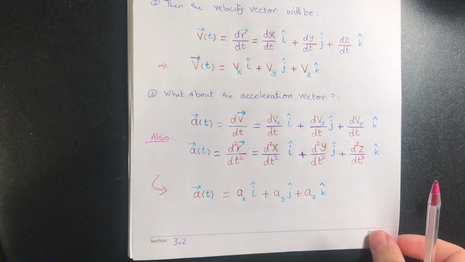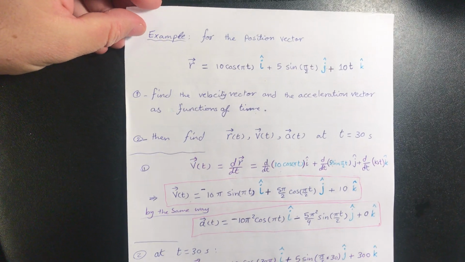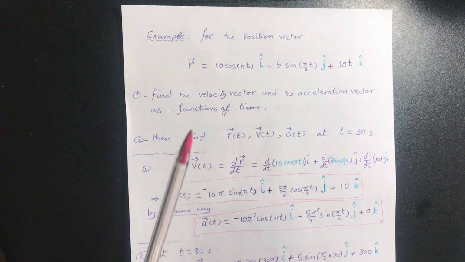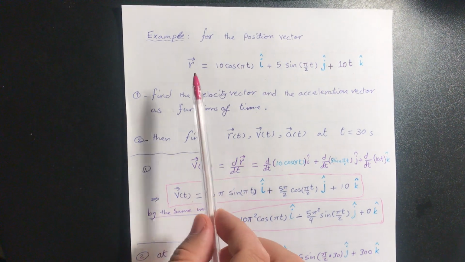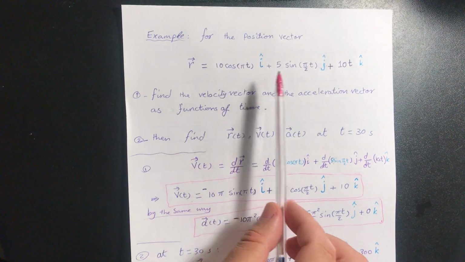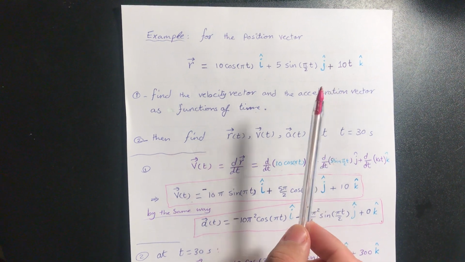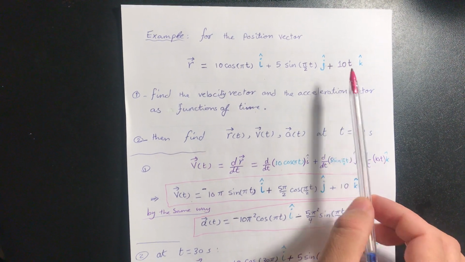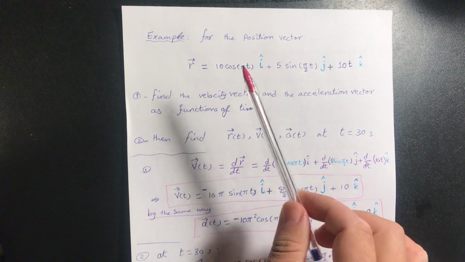Okay, now it is a simple idea. Let us look at this example. If we have a position vector as a function of time, cosine and sine will be used, maybe just a simple linear function.